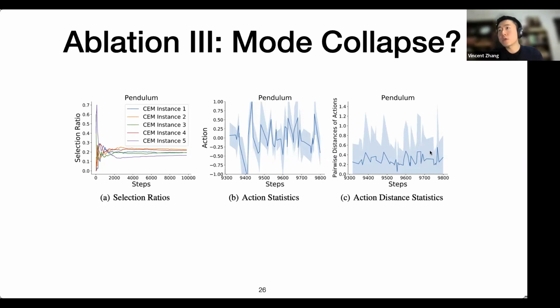And it's still not going down to 0. So we can say that there is no mode collapse, even in simple environments where you might expect the mode would collapse into the same solution because it's too simple, but it's not the case.